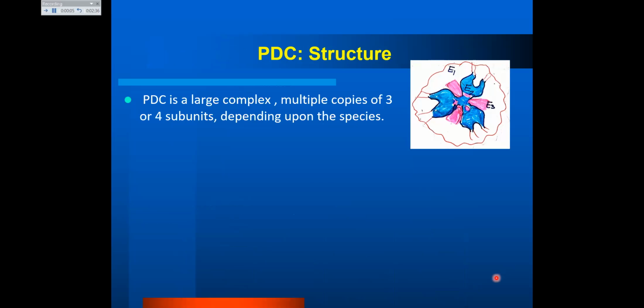So let's have a look at the structure of PDC. PDC is a large complex with multiple copies of 3 or 4 subunits, and the number of copies varies from species to species.